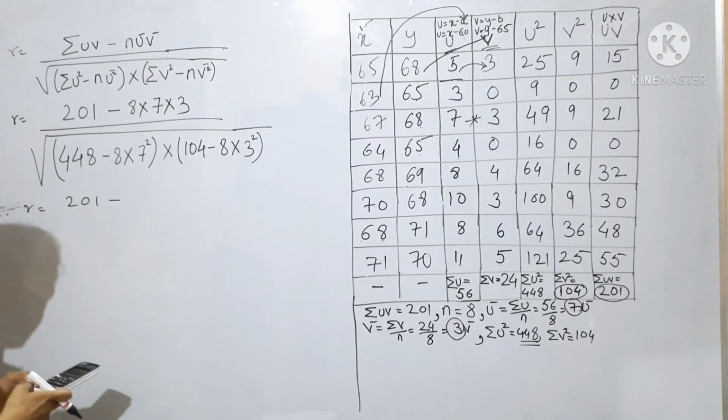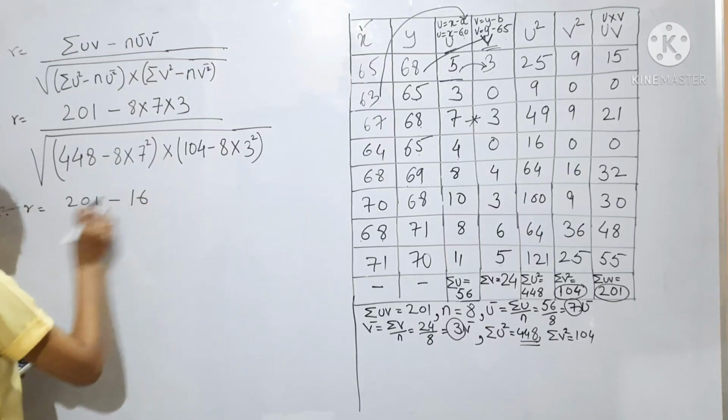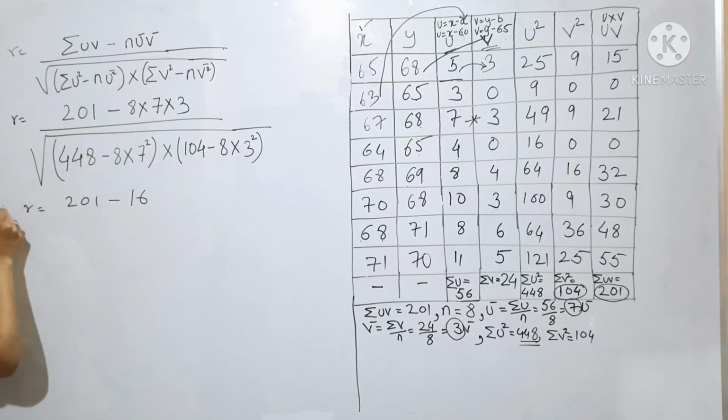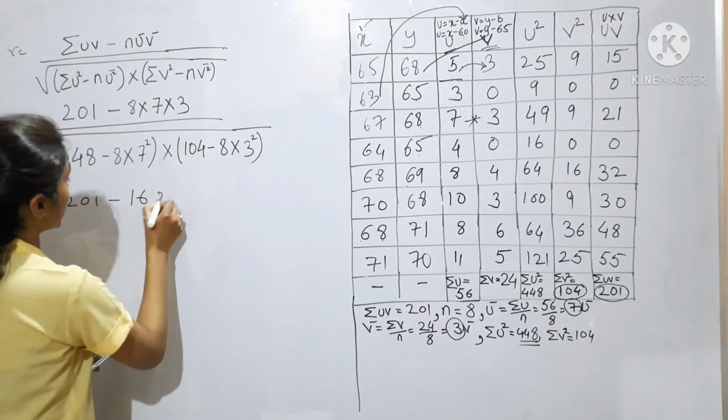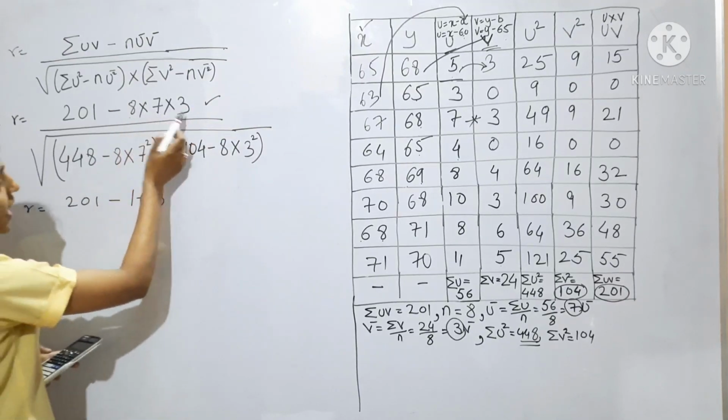So 8 multiply by 7 multiply by 3, I get the answer 168. So I have got 168 by multiplying 8, 7 and 3.